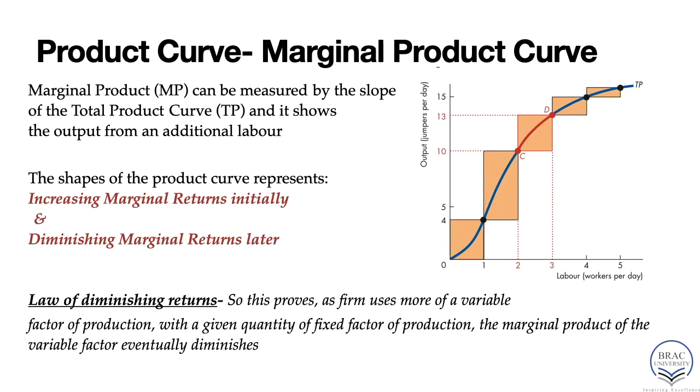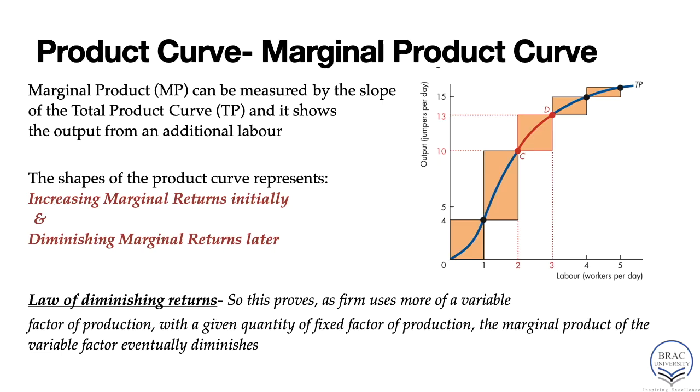And the shape of almost all the product curves represents 2 very important features: 1, increasing marginal returns initially, and 2, diminishing marginal returns eventually. So, what is increasing marginal returns? Well, increasing marginal returns occurs when the marginal product of one additional worker exceeds the marginal product of the previous worker.